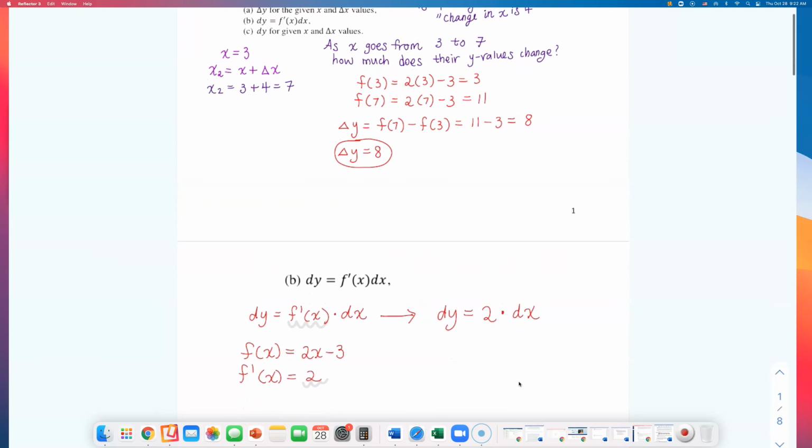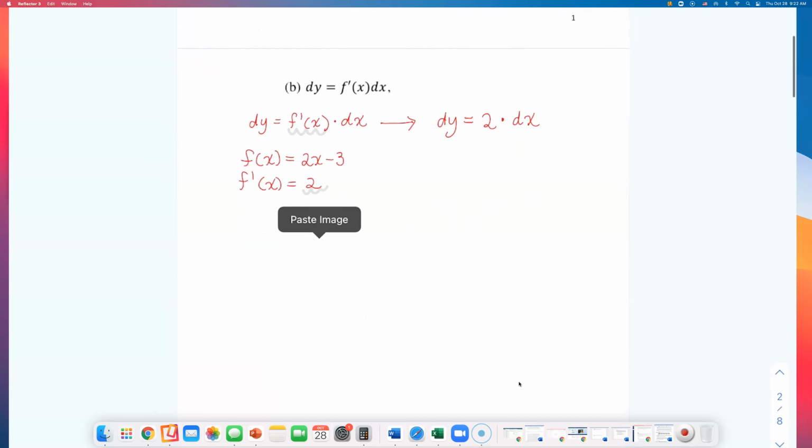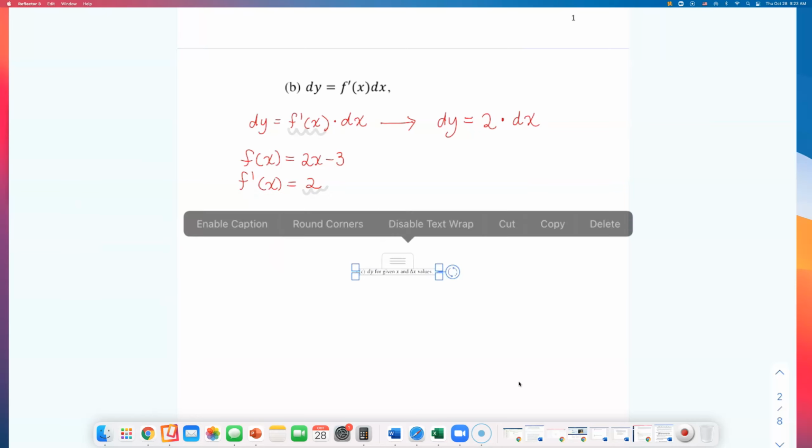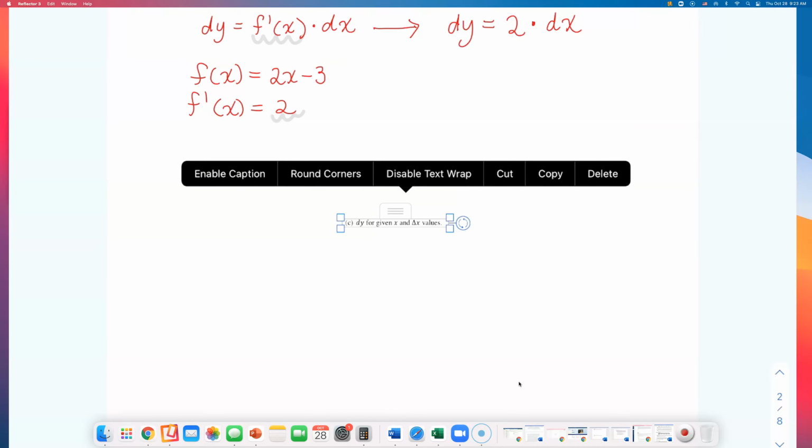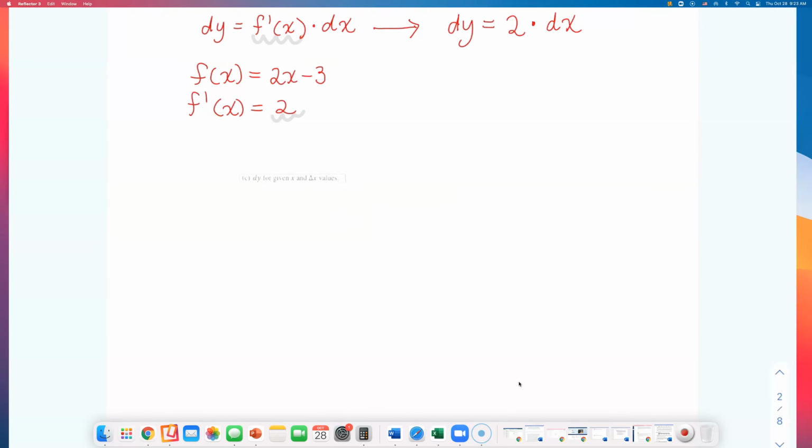So, part C. Take a look. I'll copy the wording. Hold on, I'm sorry. I was trying to make this a little bit bigger, but it's not getting bigger. All right, forget it. I'll just do it.